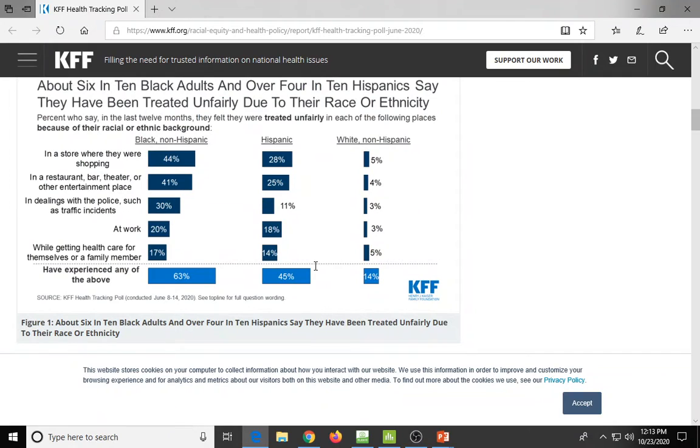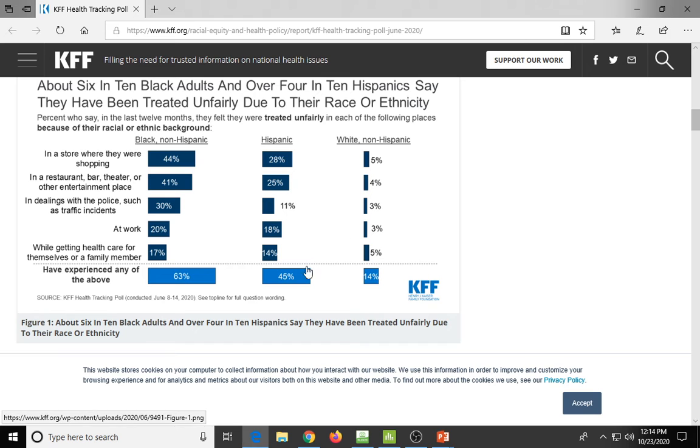For example, about 6 in 10 Black adults and over 4 in 10 said they have been treated unfairly due to their race or ethnicity, as opposed to, let's say, 14% of white non-Hispanics. This includes the store where they're shopping, restaurant, bar, dealing with police, at work, or getting health care for themselves.